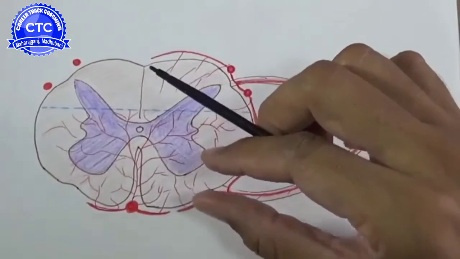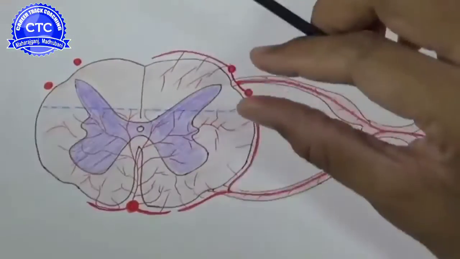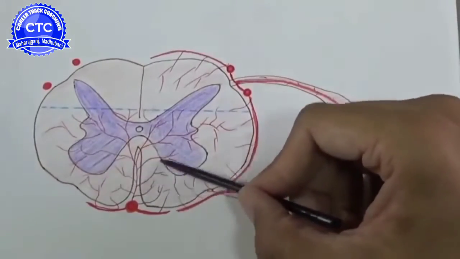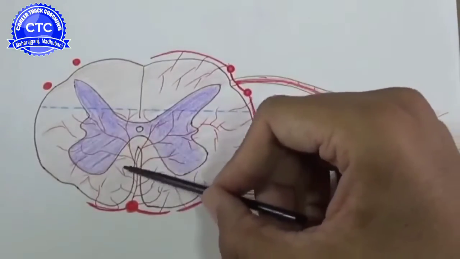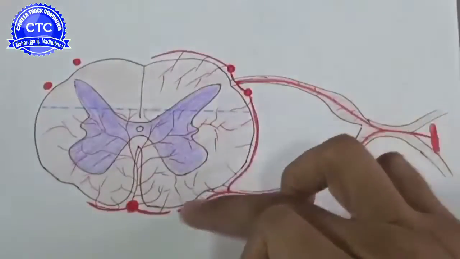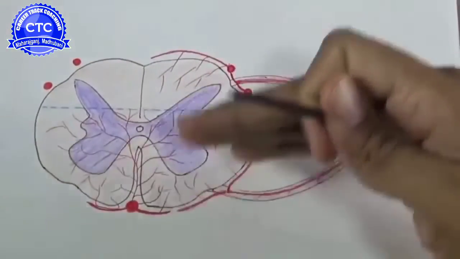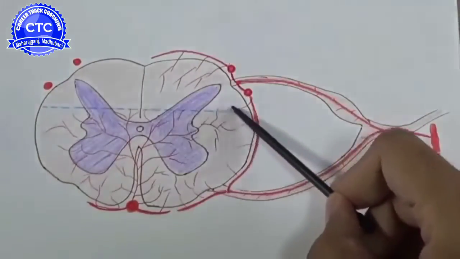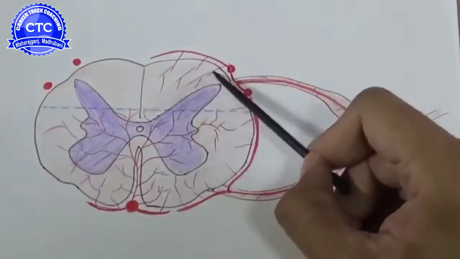So if you consider the entire length of the spinal cord, 45 centimeters, at every 1 centimeter such 5 to 7 central branches of the anterior spinal artery are given, and they will supply the ventral 2/3 of the cross section of the spinal cord. See, this dotted line is suggestive of the ventral 2/3 and dorsal 1/3. So the dorsal 1/3 section is supplied by the posterior spinal arteries by their central branches.